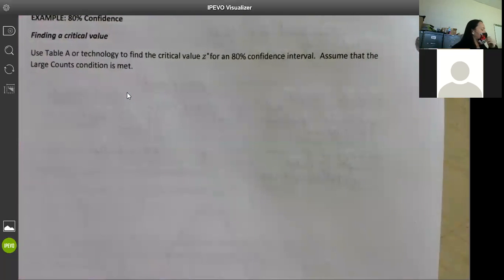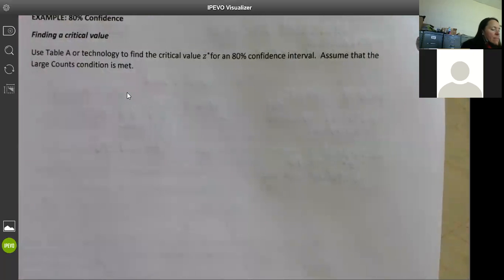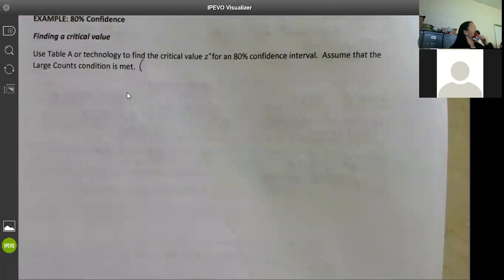Why do we assume that it's met? What's the purpose of the large counts? We've done this for like 2 chapters now. Why do we do large counts? Yep, that's the 10% rule.